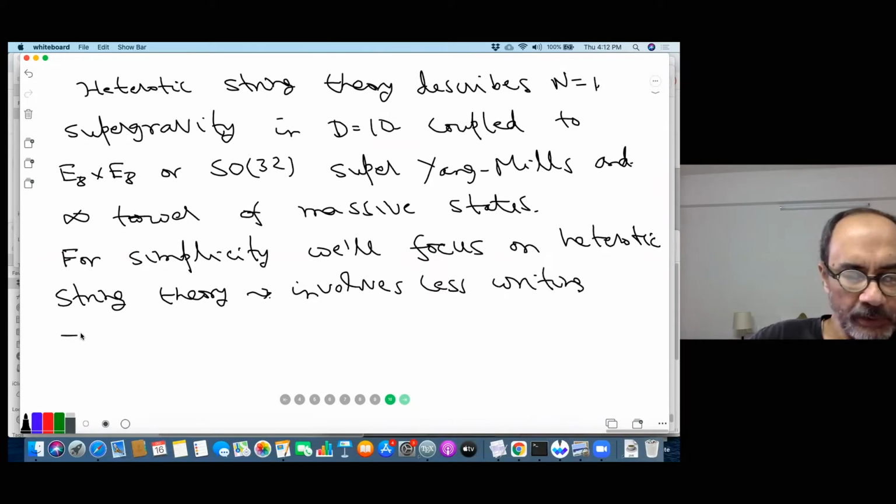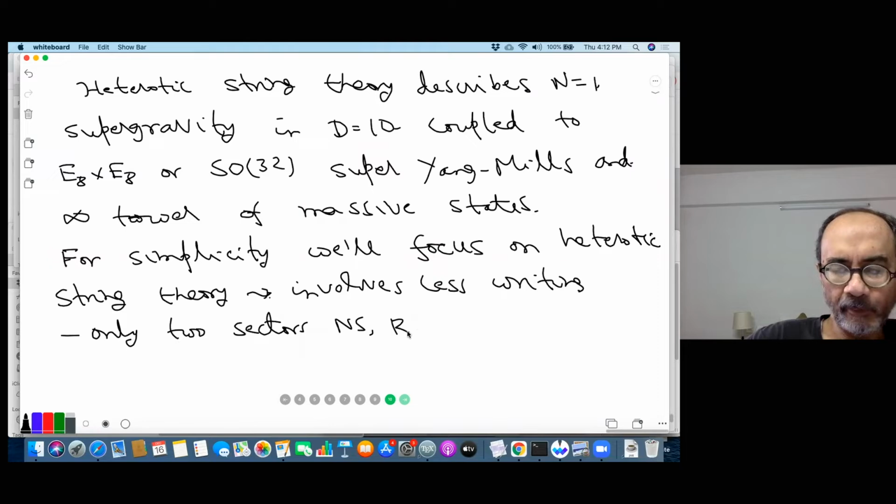It has only two sectors, NS and R, characterized by right moving modes instead of 4.